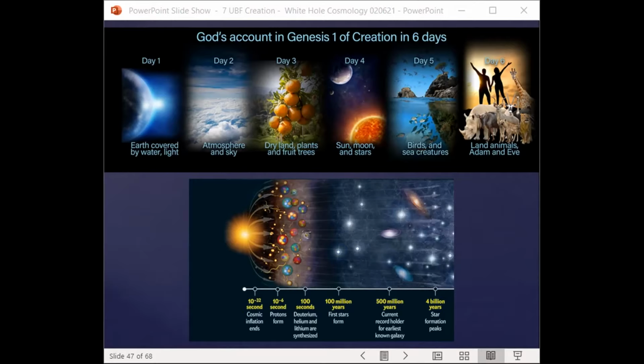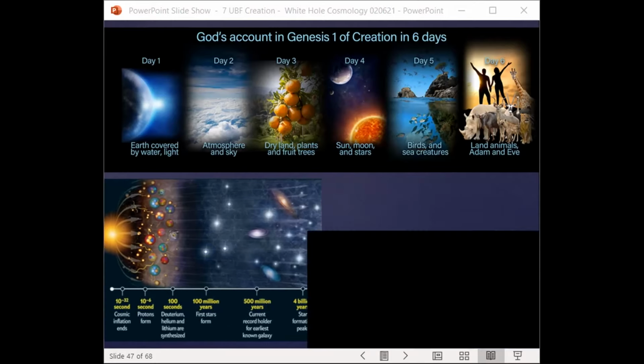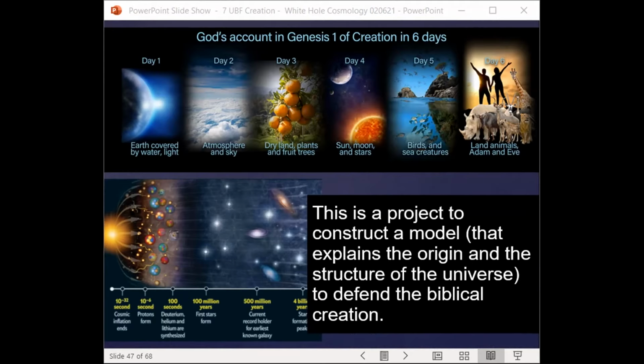So this is an effort to construct a model that explains the origin and the structure of the universe to defend the biblical creation. Anyway, a take-home message for you is that the Big Bang cosmology does not need to be the only viable explanation of what is observed. One can always construct a cosmological model that fits the biblical creation history and timeline.